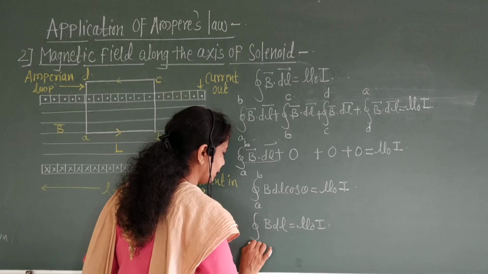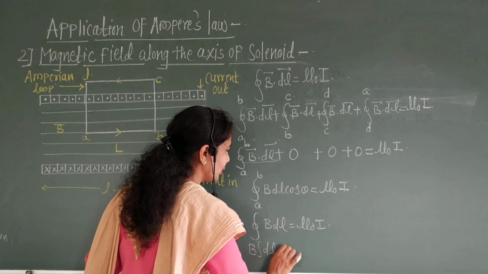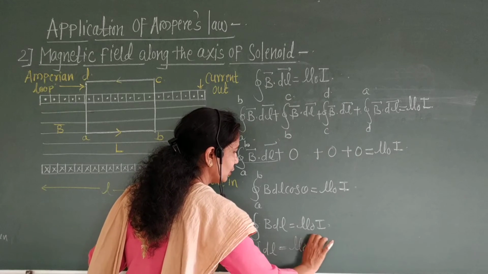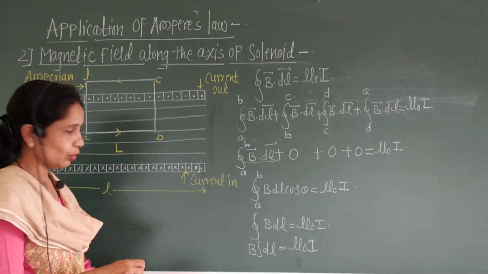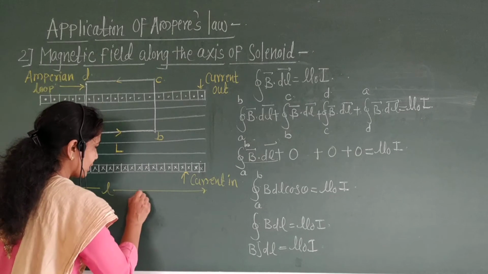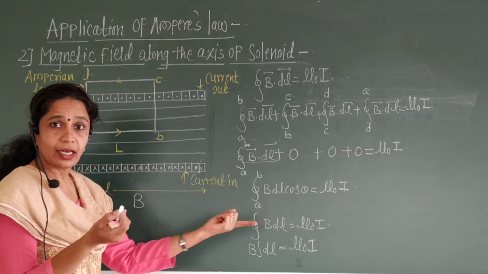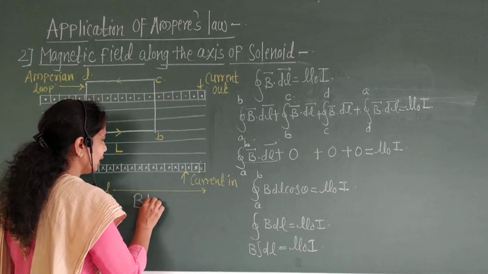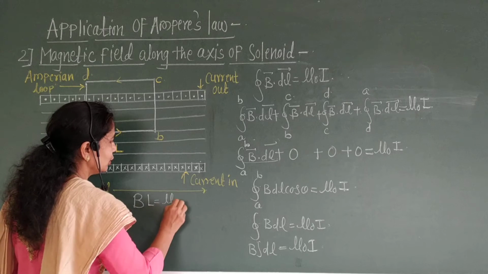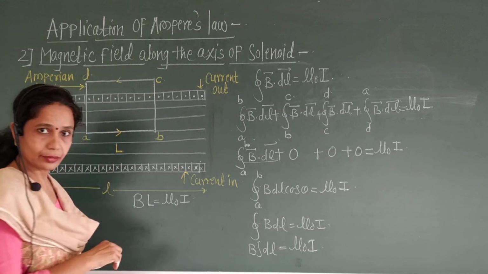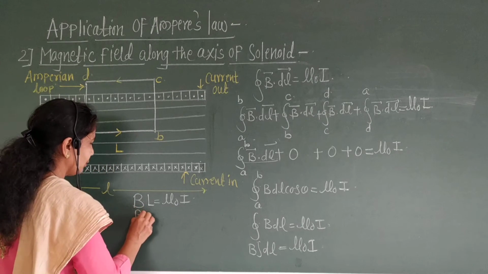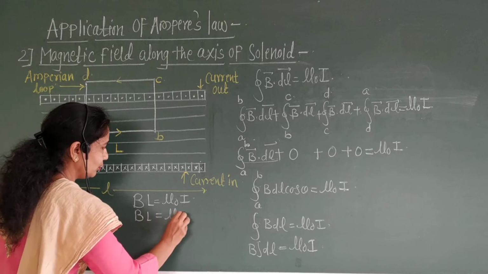Take it outside. Integration of dl is equal to mu 0 I. Okay. Therefore, next step B, integration of dl is L, is equal to mu 0 of I. Okay. Therefore, BL is equal to mu 0 I.